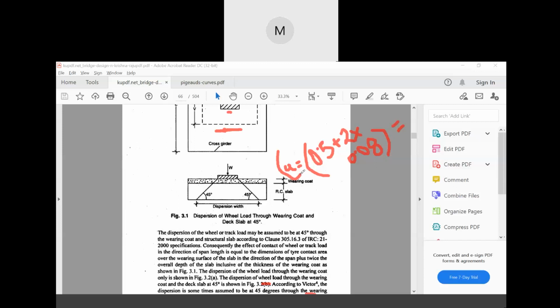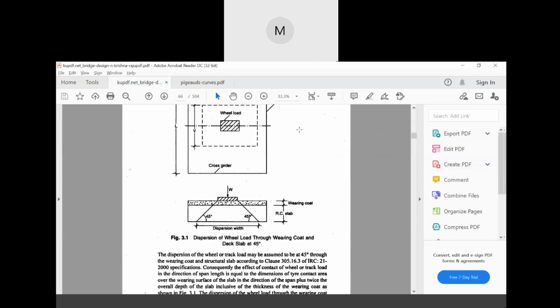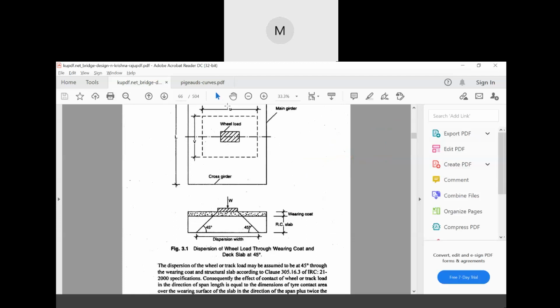Now similarly, if you see here for this v portion, what you have to find out? Now look, for v also, since this is only for this part, this portion is going to remain the same.